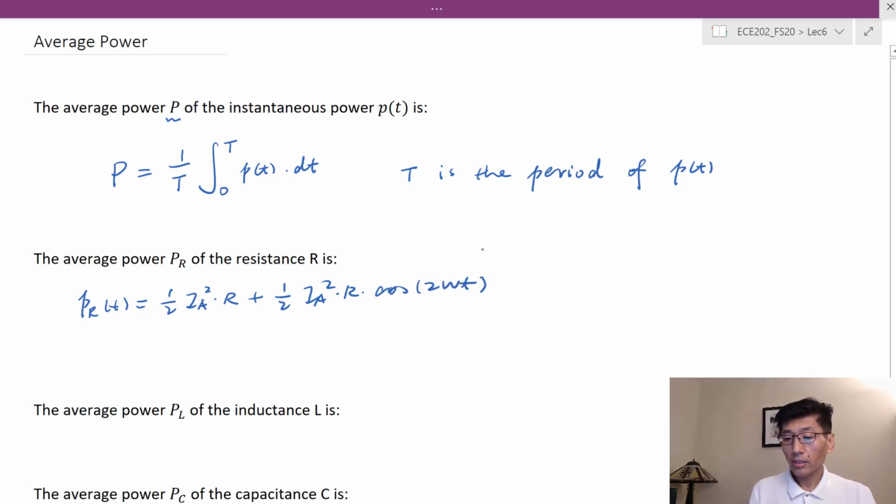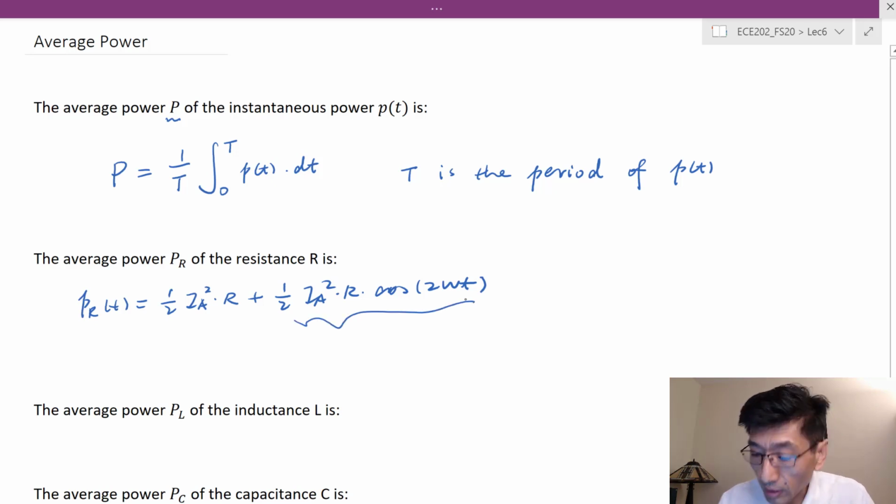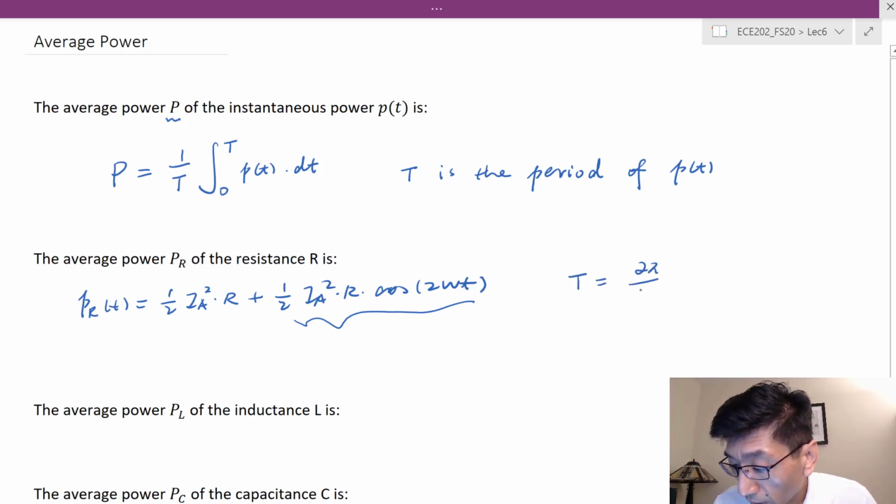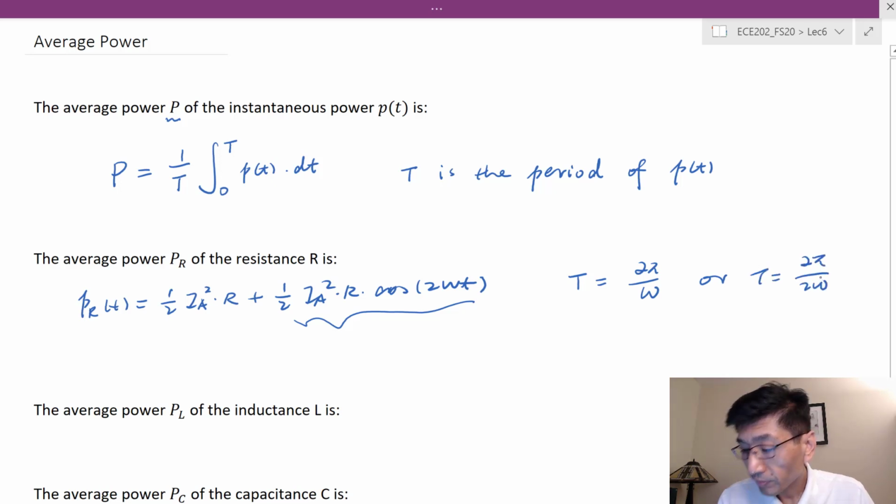For the average, you can choose T equal to pi over omega, so that's one way to choose T, or you can choose T equal to pi over 2 omega.